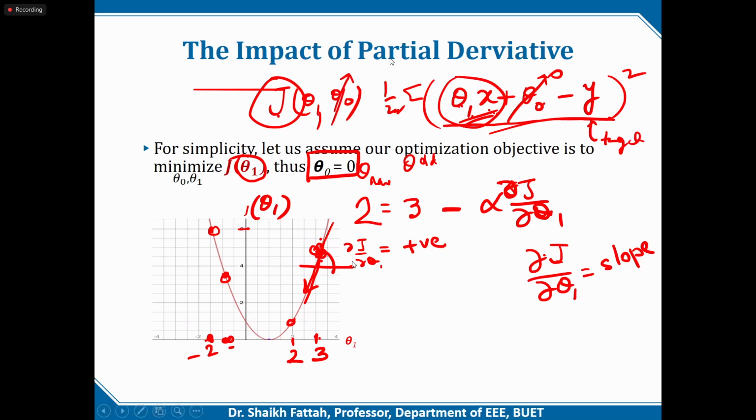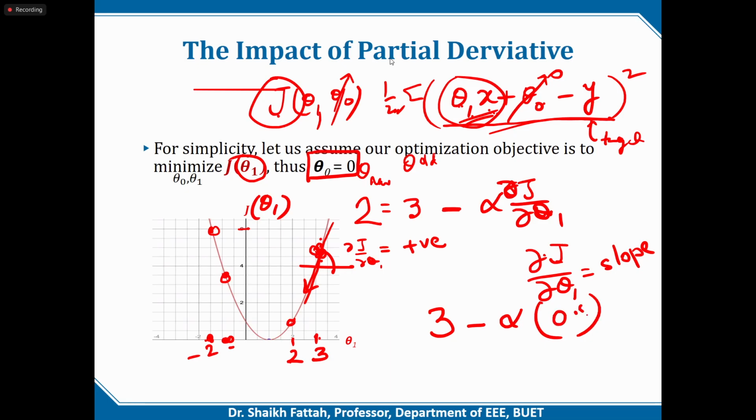Maybe slope, tan theta, has some value, 5, 10, some value. So you pick up that value, you calculate that value, you insert here. The slope is positive. So what I was trying to tell you, 3 minus alpha and some slope.